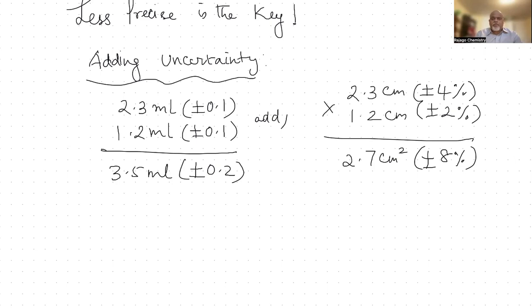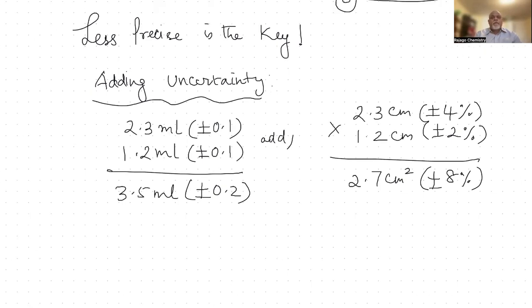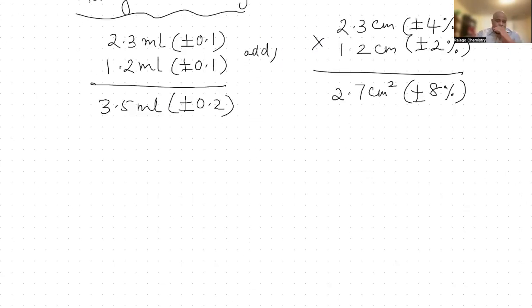Okay, so uncertainty is a very important one. For example, when I say a person is running 3 miles, this is a certain number. When I say he ran 3.0 miles, that means the 0 also becomes significant.